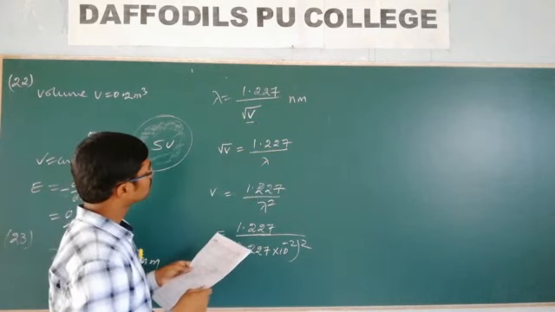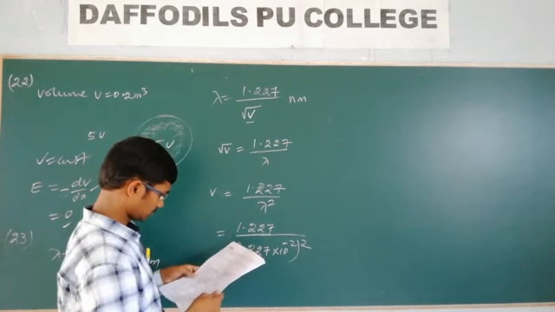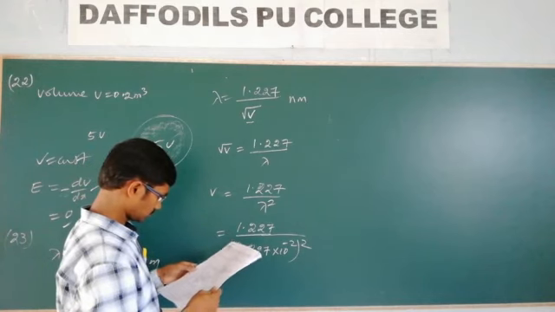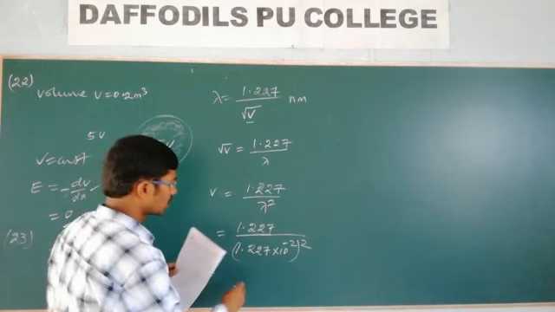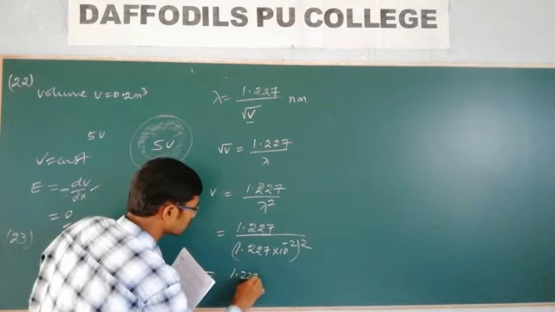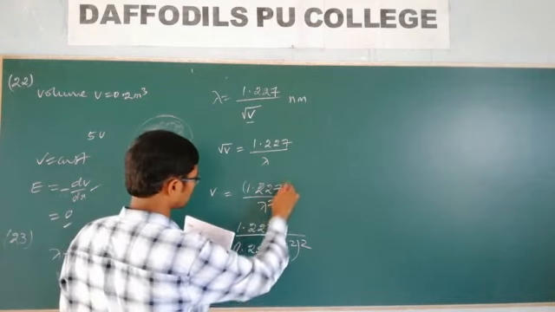1.227 into 10 power minus 2, whole square, and that is in nanometer. The wavelength is also given in nanometer, so we don't need to go for nanometer substitution.